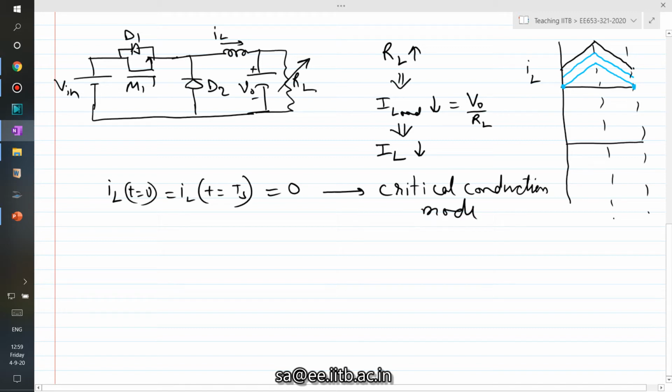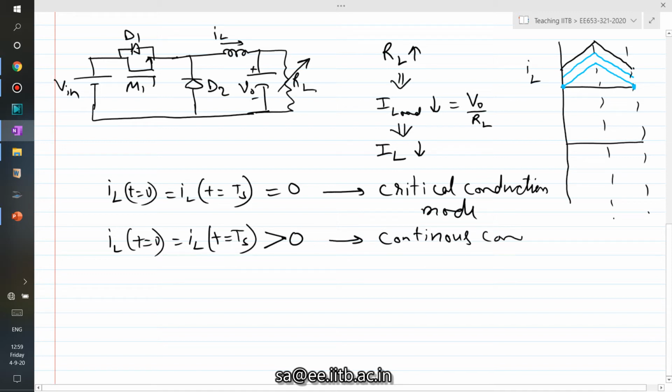When IL at t equal to 0, which at steady state would be equal to IL at TS, if this is greater than 0, then we call it continuous conduction mode, which is what we were studying till now.